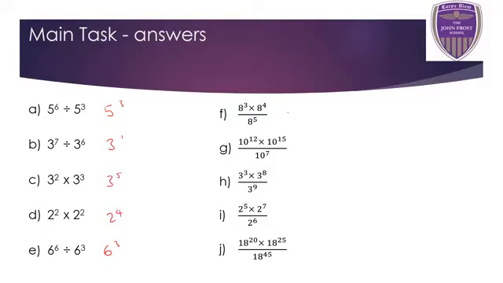Then on these ones, look, so 8 to the power of 3 times 8 to the power of 4, that's 8 to the power of 7, and then we divide. So this is 8 to the power of 2, okay? And then this one, 12 plus 15, 27, take away 7 is 20. So 10 to the power of 20.